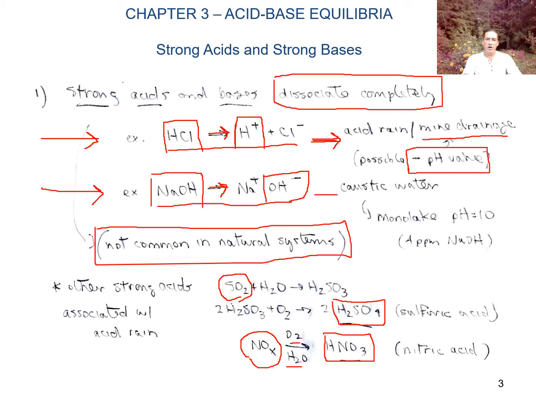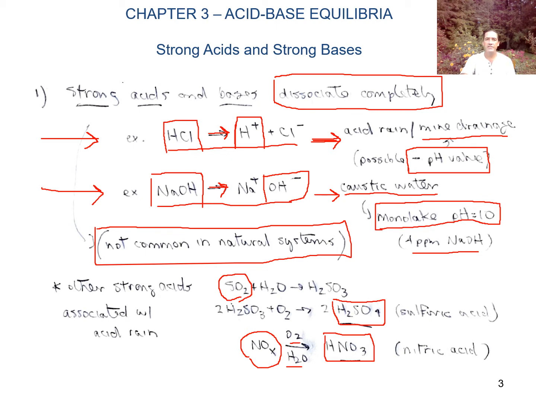In terms of strong bases, they're hard to find in natural systems, but caustic water is the closest thing. Mono Lake is pH 10, fairly caustic. It has a lot of different bases in it, things like carbonate and such, but it does have about 4 ppm sodium hydroxide.